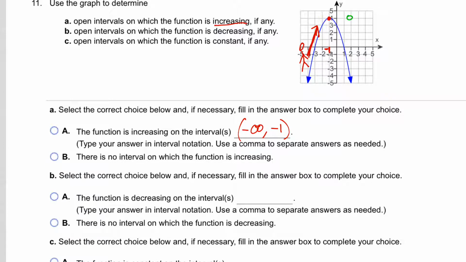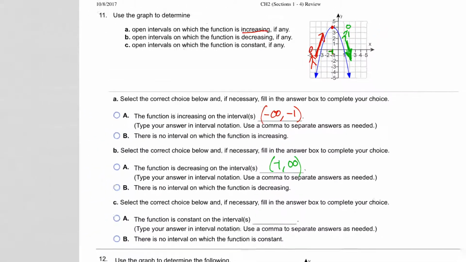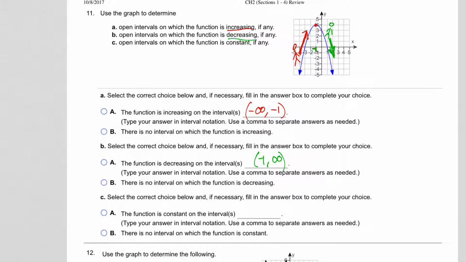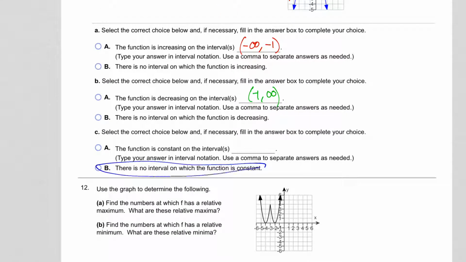So think of a person walking downhill. So that's going to be right here as well, from -1 to infinity. Okay, and then that's decreasing, and then the constant, well, there is no interval. Okay, where's constant?